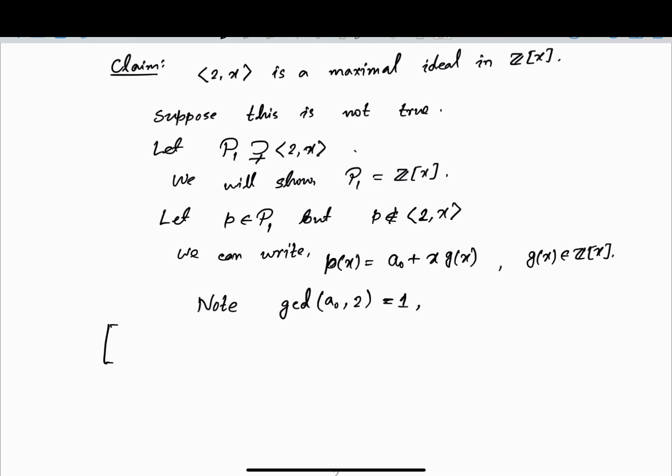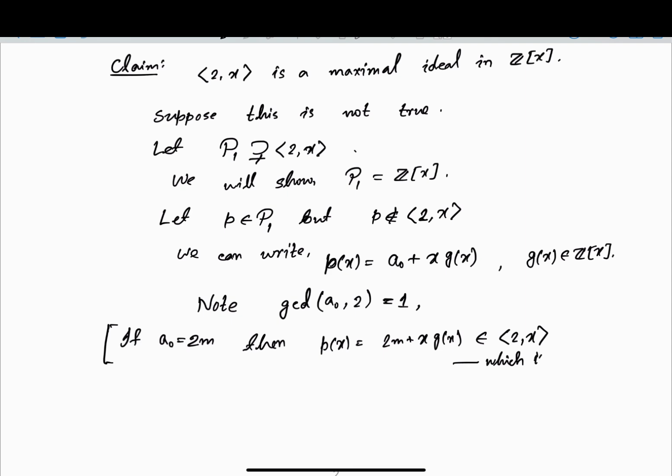So what will happen? If a naught is a multiple of 2, then p(x) will be 2m plus x g(x), which implies this belongs to (2, x cube), and which is a contradiction, right?